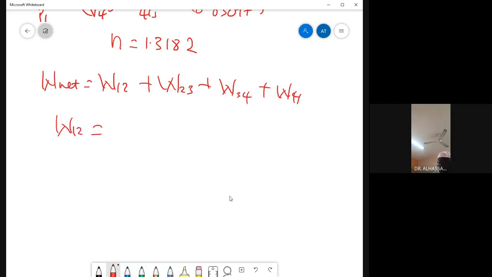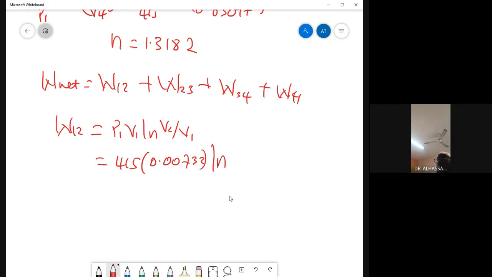W12 equals P1 V1 log of V2 divided by V1, because that's isothermal. So if you calculate this carefully, substitute everything into the equation, you have 415 times 0.00732, times log of 0.0264 divided by 0.00732.